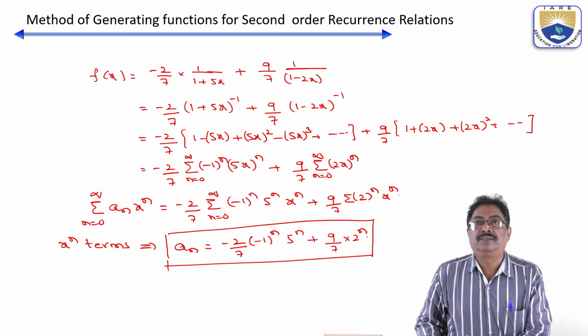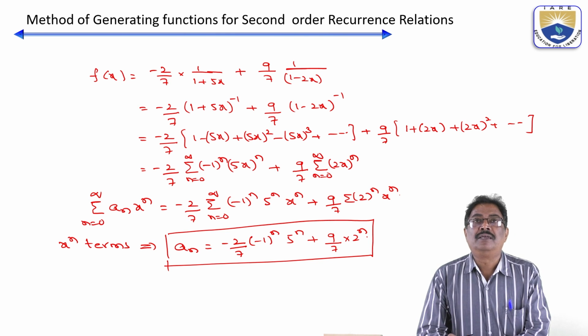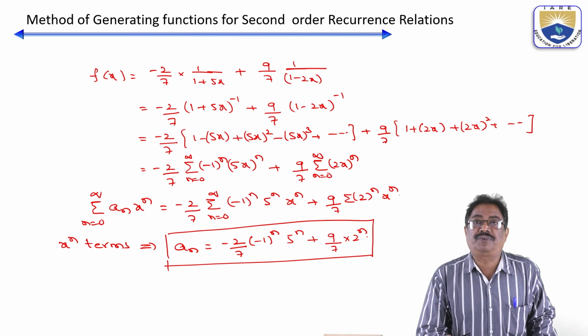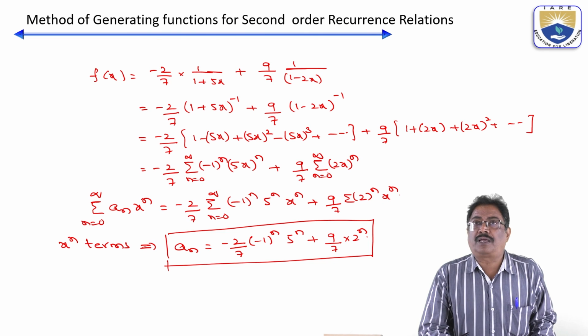In the next session, we are going to solve some more problems on non-homogeneous recurrence relations by using the method of generating functions. With this, I am going to conclude now.